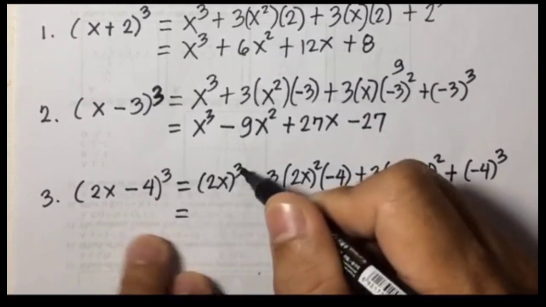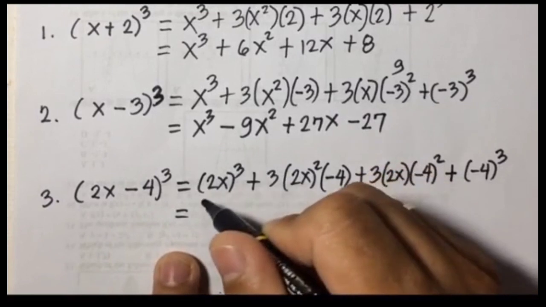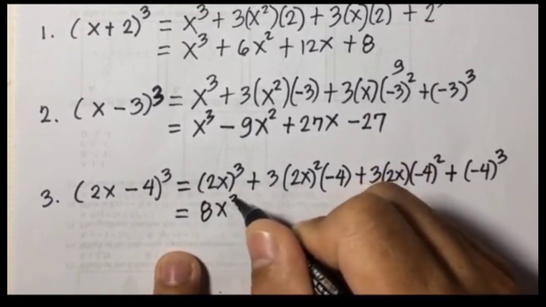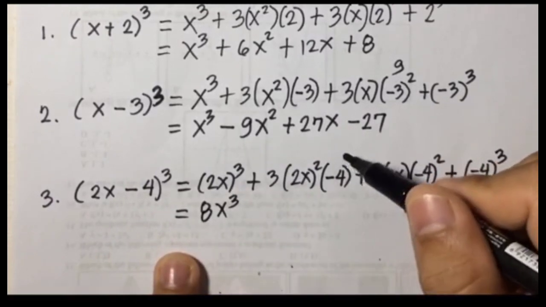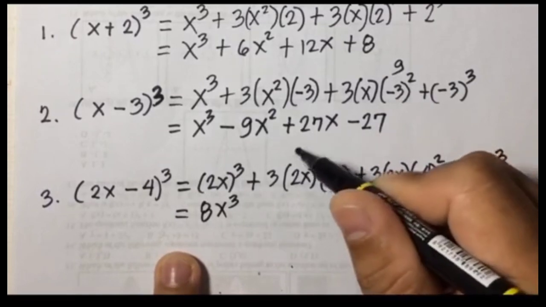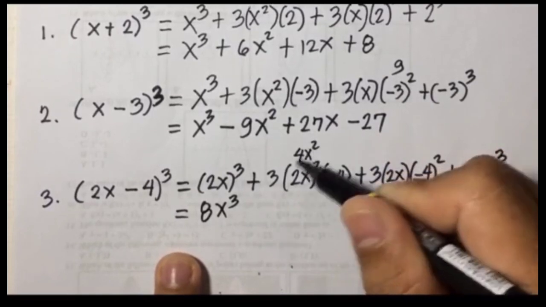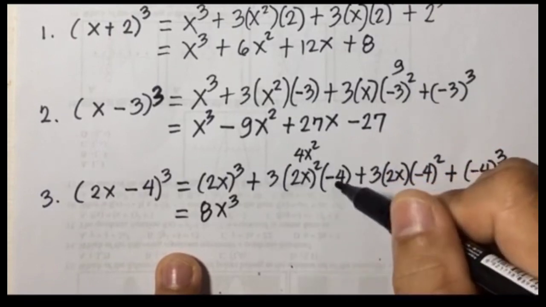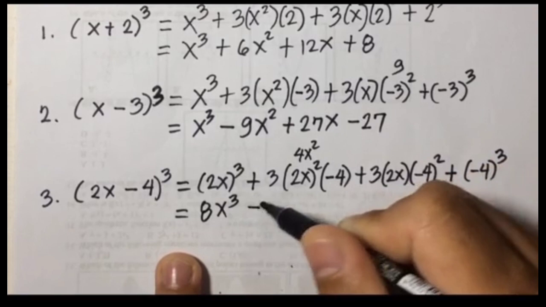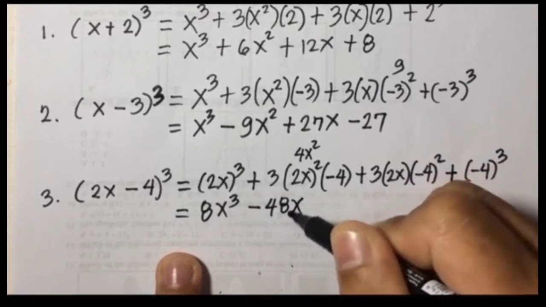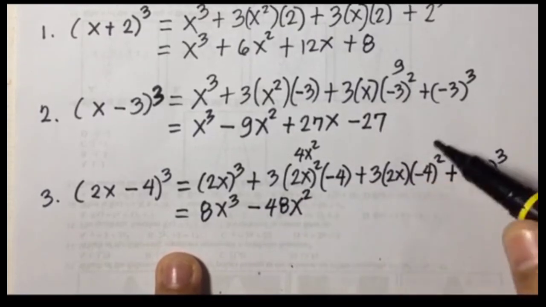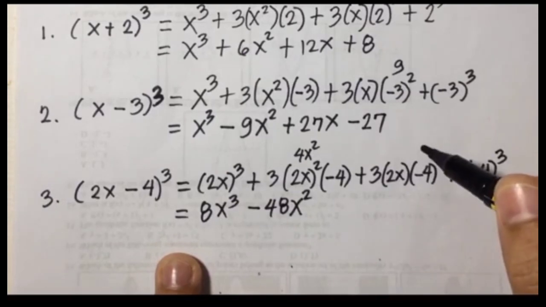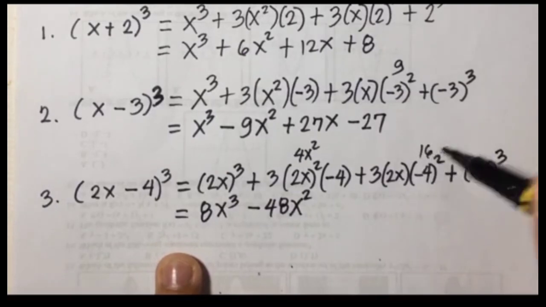Then 2x cubed, that will be 2 times 2 times 2, that will be 8x cubed. Then you are going to have 2x squared, that will be 4x squared. So 4x squared times 3 is 12x squared, times negative 4, that will be negative 48x squared. Then for the third term, negative 4 squared is 16.